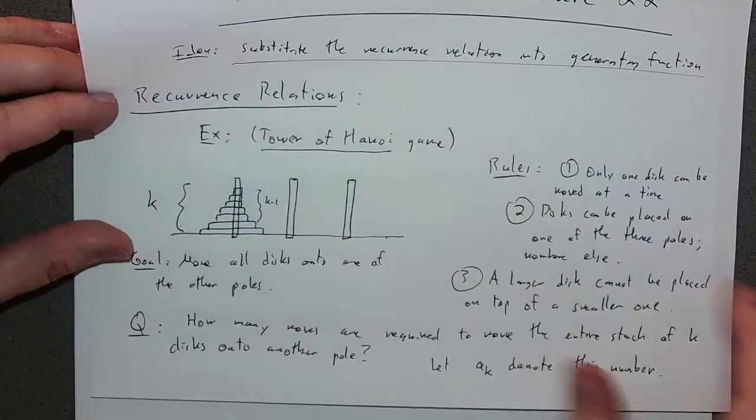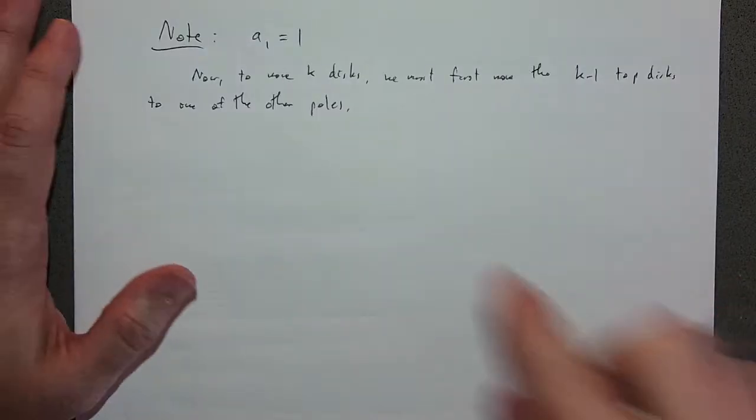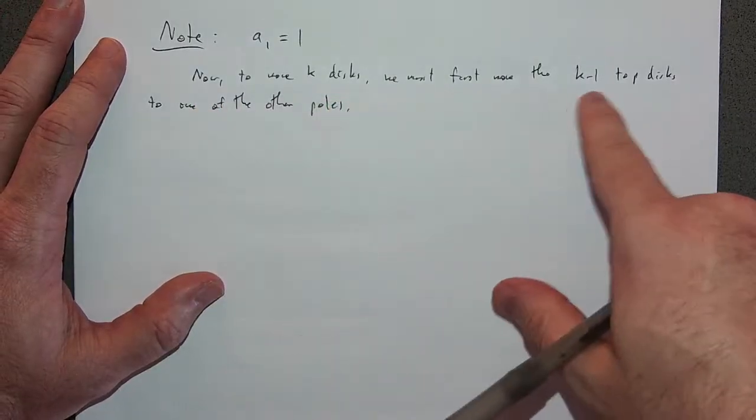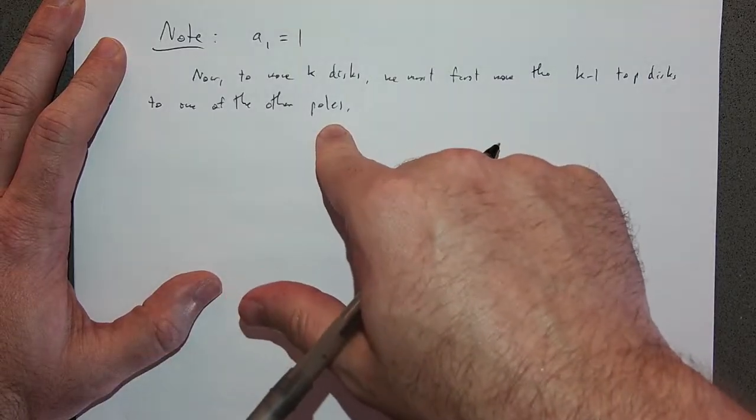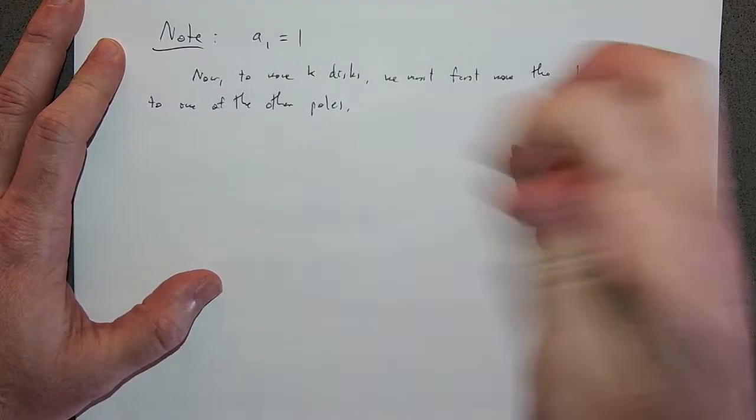Think about how I do this step by step. To move k disks, first move the k minus 1 top disks to one of the other poles. All right, so say that we've done that. Then move the bottom disk to a third pole.